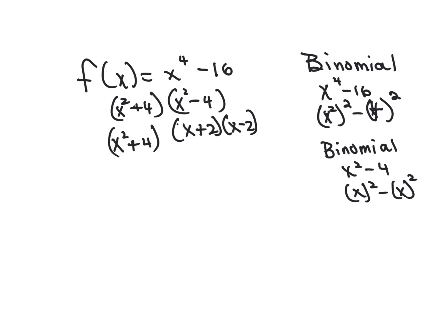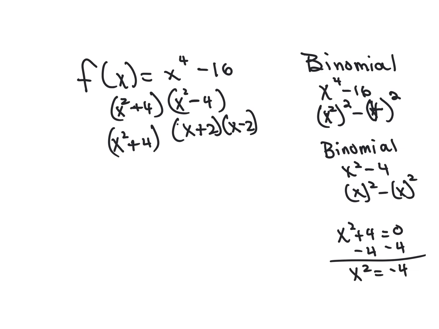So what we are going to have to do is find the complex factors of x squared plus 4. So we are going to take x squared plus 4, set it equal to 0, and solve.